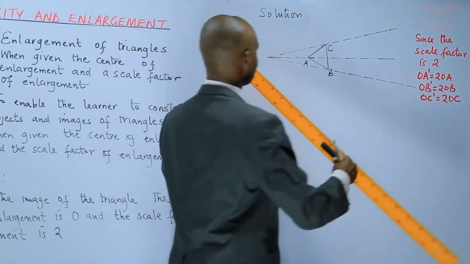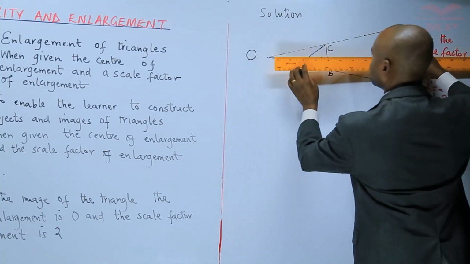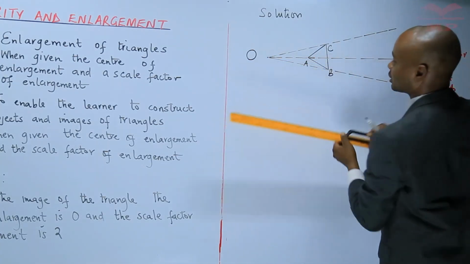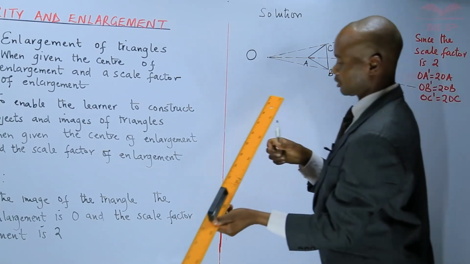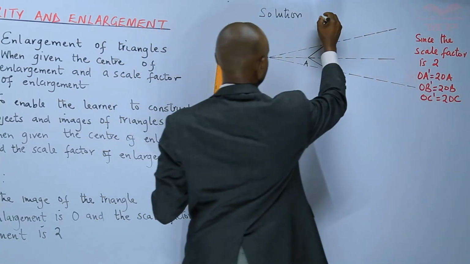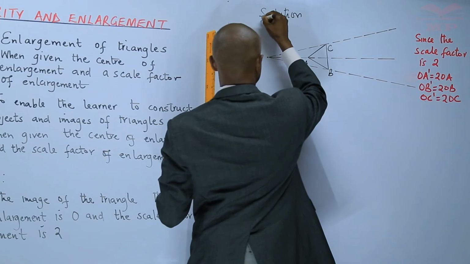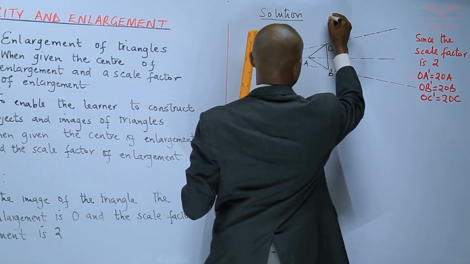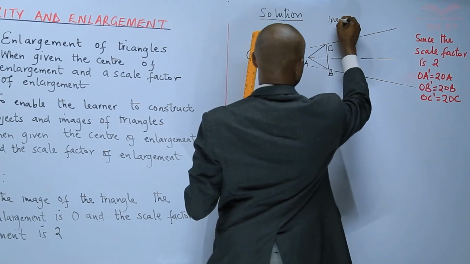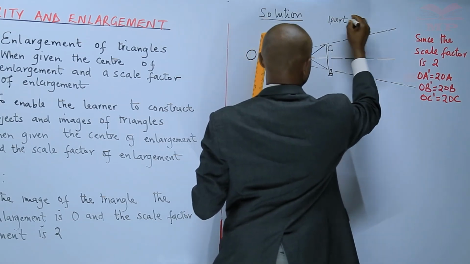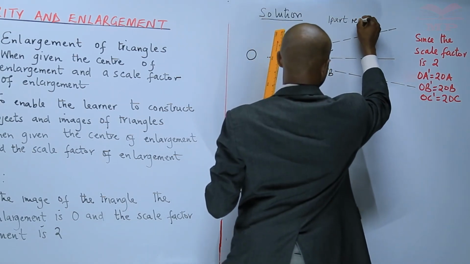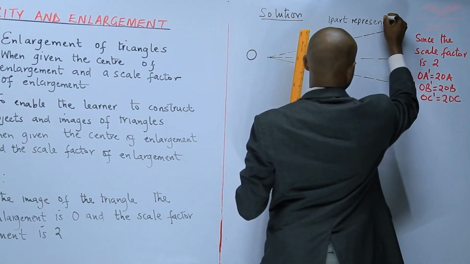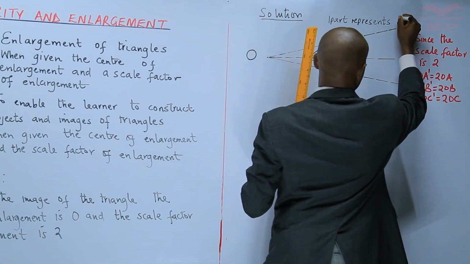I can start with OA. From my ruler, one part represents 1 centimeter.